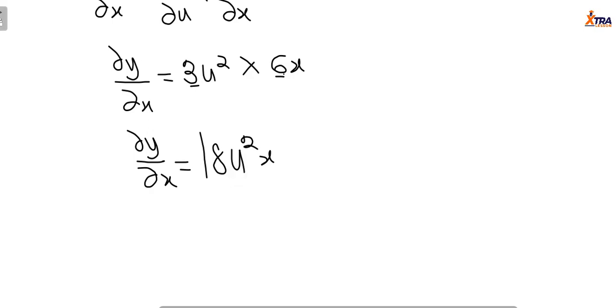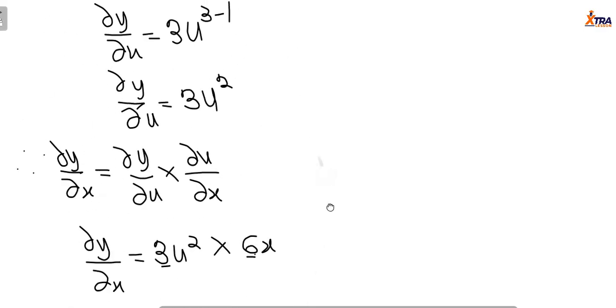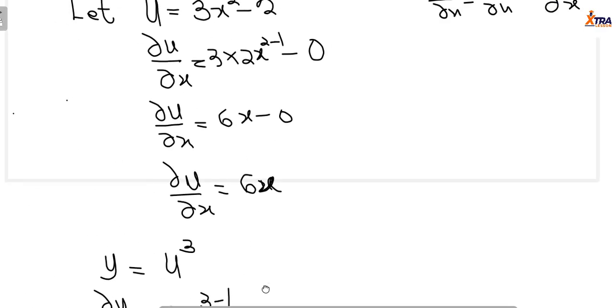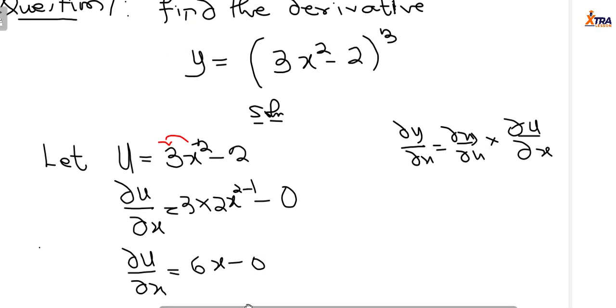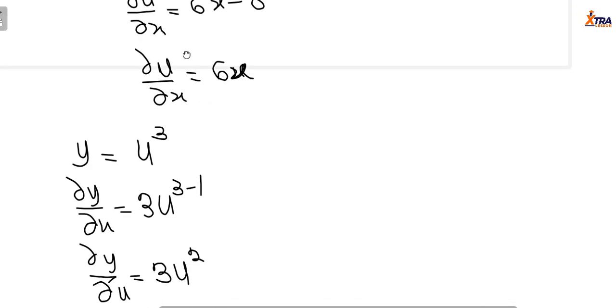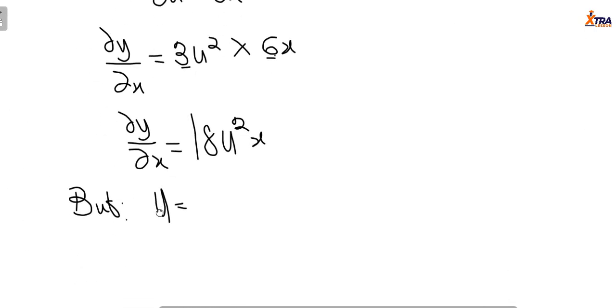We made u equal to 3x² − 2, 3x² minus 2. Then you substitute.